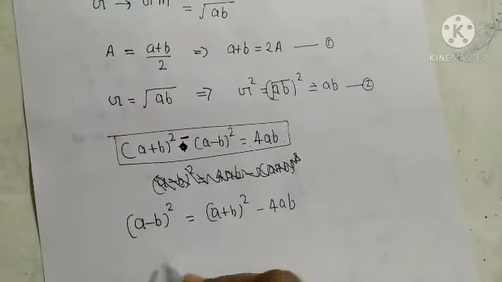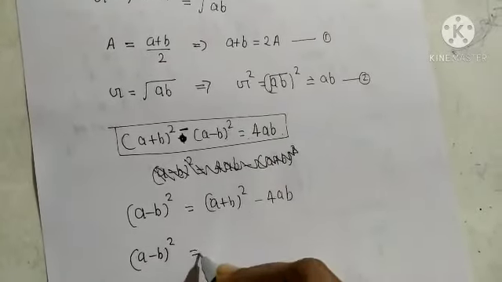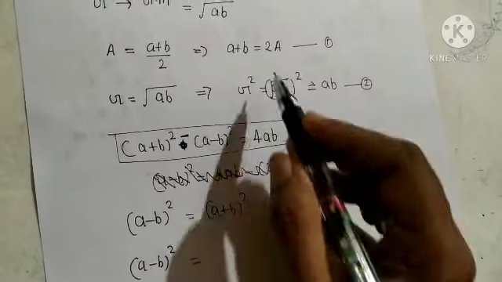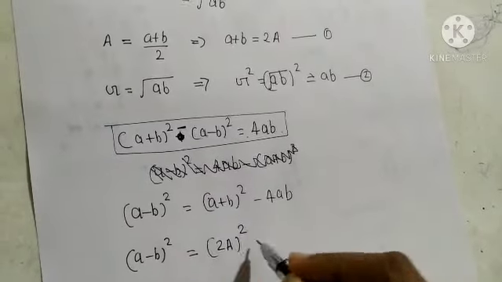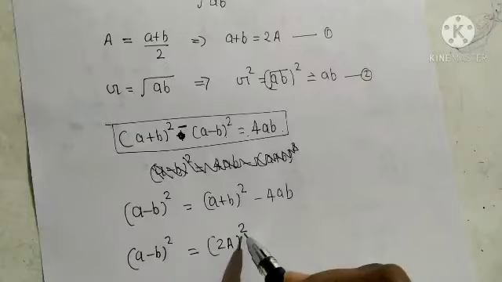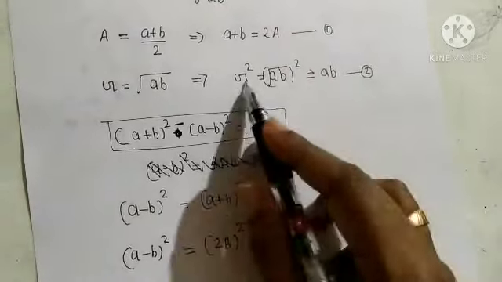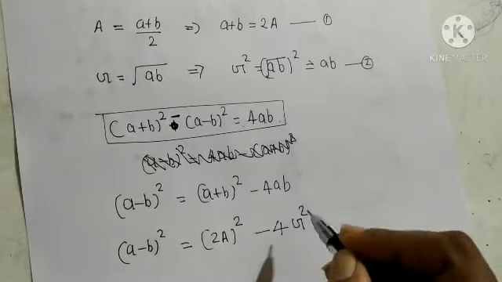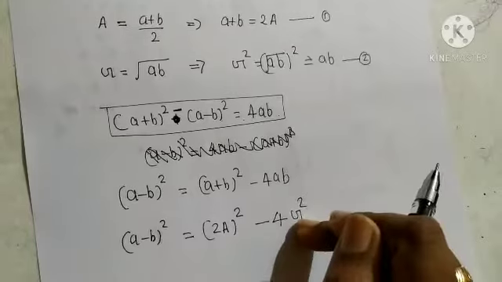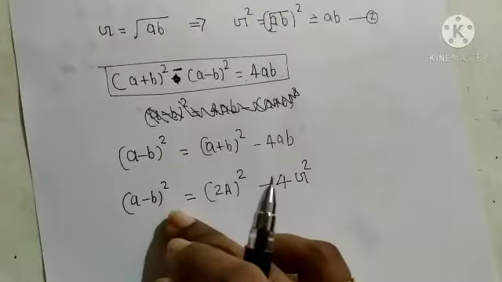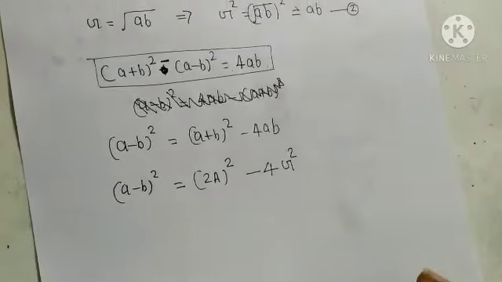So our (a minus b) whole square will become, with a plus b equivalent to 2A, (2A) square minus 4 into ab, which is G square. Just replacing a plus b by 2A and ab by G square, we get (a minus b) whole square as (2A) square minus 4G square.